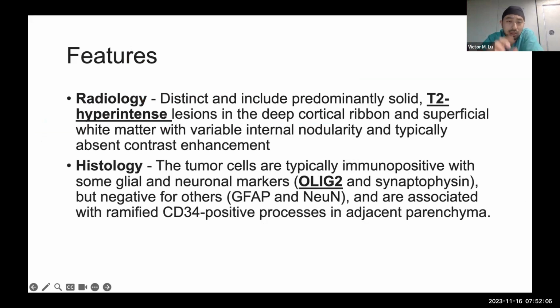To delve into this a little for the end of this talk, it's really this T2 signal that helps define this lesion. On histology, it was hard to find anything that would conclusively define this lesion. But as Dr. Gultekin mentioned, there are some glial and neuronal markers that can be looked for.